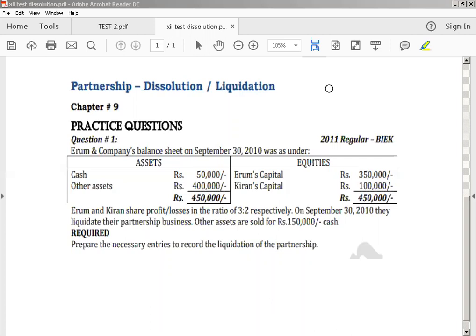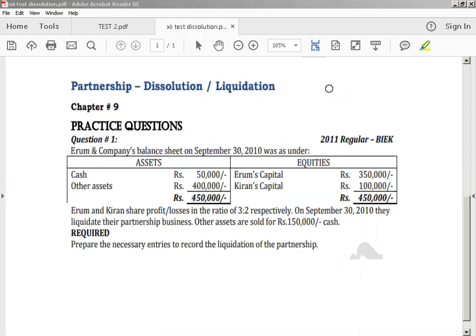Iram's capital 350,000, Kiran's capital 100,000. Total equities is 450,000. Now, Iram and Kiran share profit and loss in the ratio of 3 to 2. On September 30, 2010, they liquidated their partnership business.